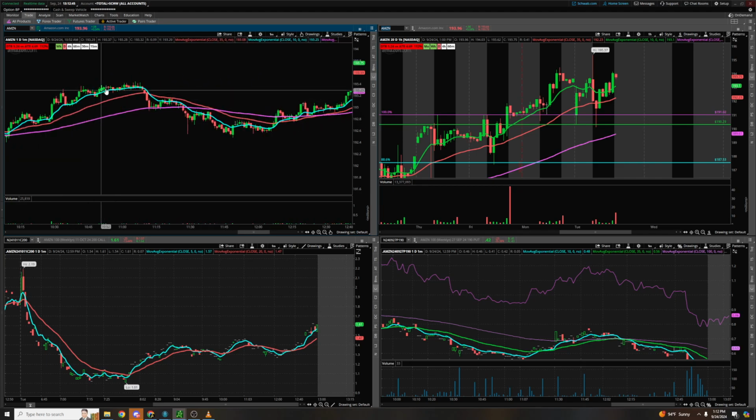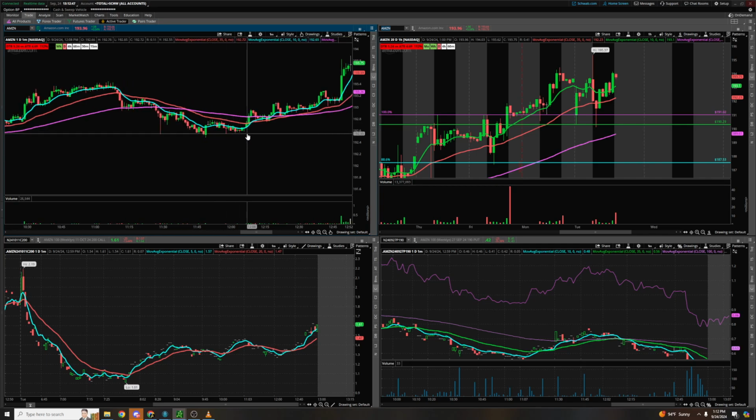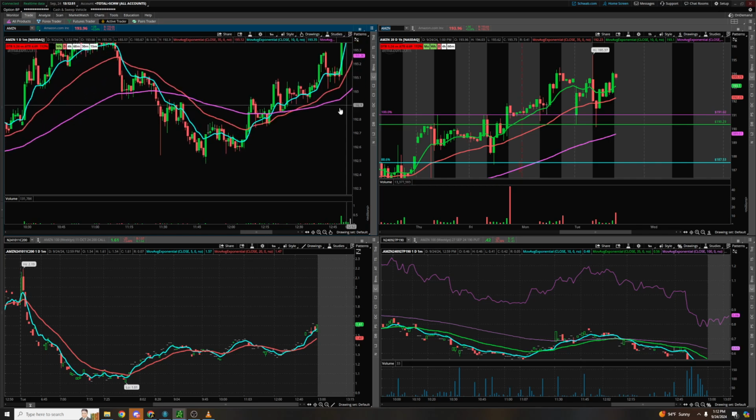So we want to wait for this to come down and give us another crossover right here. The better entry would have been somewhere right in here. You could have potentially bought early where you see this low and this higher low, because you see a base right here.